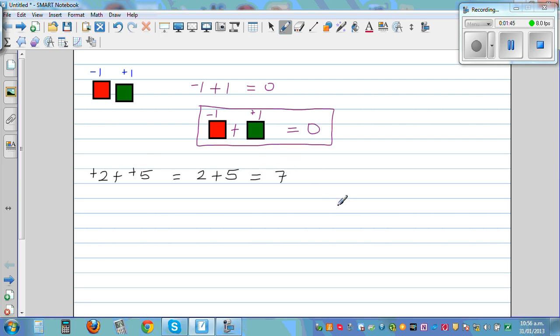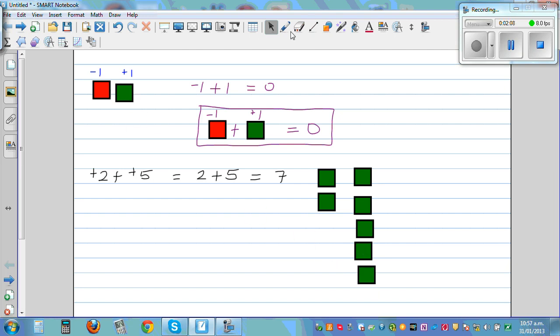If you want to use the algebra tiles, this is +2, which means 2 green tiles, and then you add 5 more green tiles: 3, 4, 5. So this is what it means.